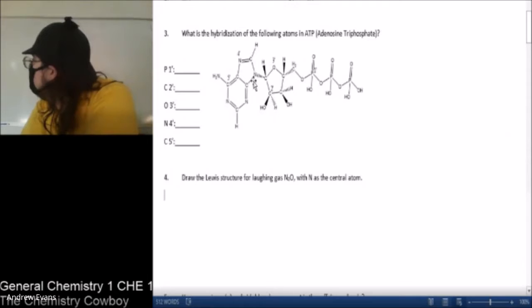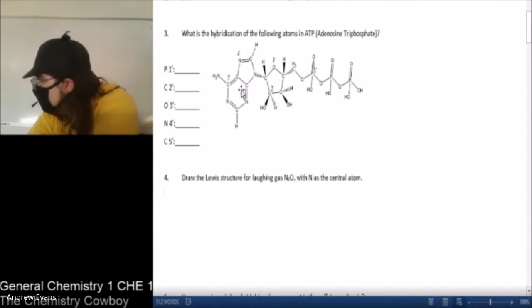Let's see. This nitrogen, can't see, where's nitrogen number 4? I'm not sure, there's carbon 5. This carbon 5, I'm going to skip to carbon 5 until I can find nitrogen 4. 1, 2, 3 things coming off, so that'd be sp2.